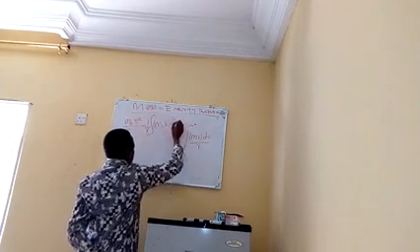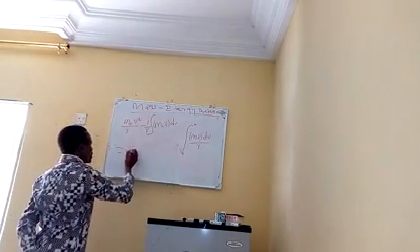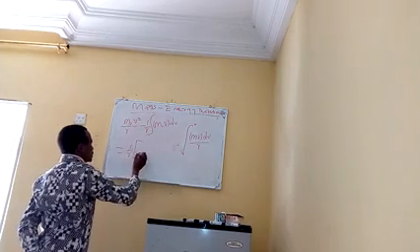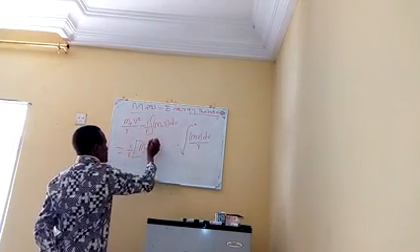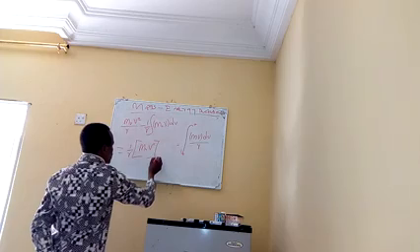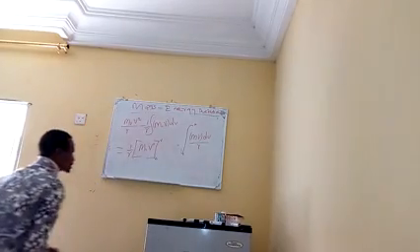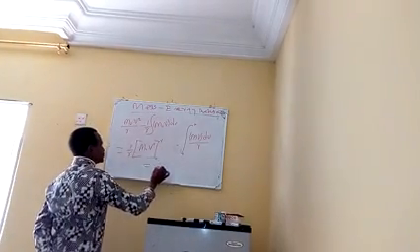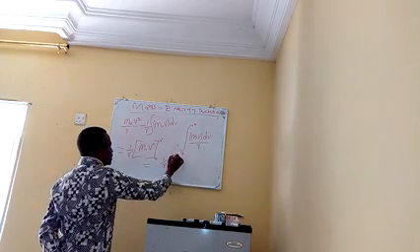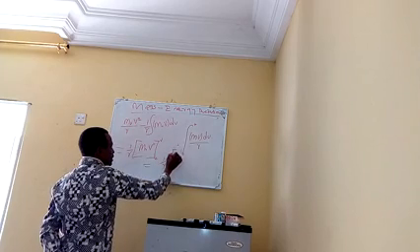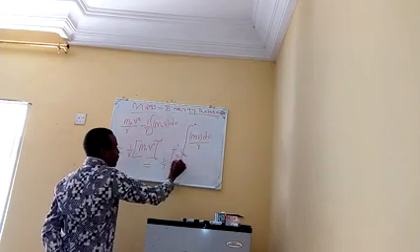which is equivalent to 1 over gamma into m naught v squared from 0 to v, which will actually give us 1 over gamma into m v squared over 2.